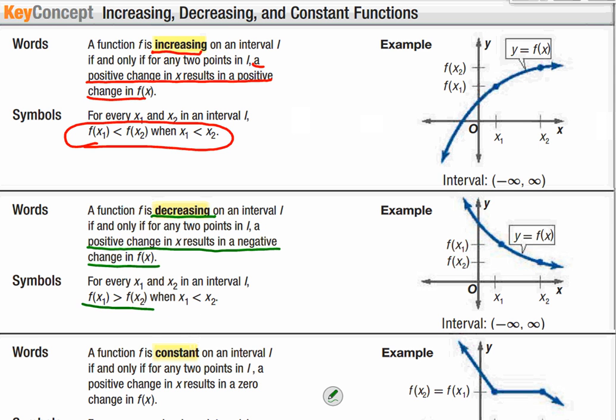So for this, y1 is greater than y2 when x1 is less than x2. So it goes in kind of the opposite direction.